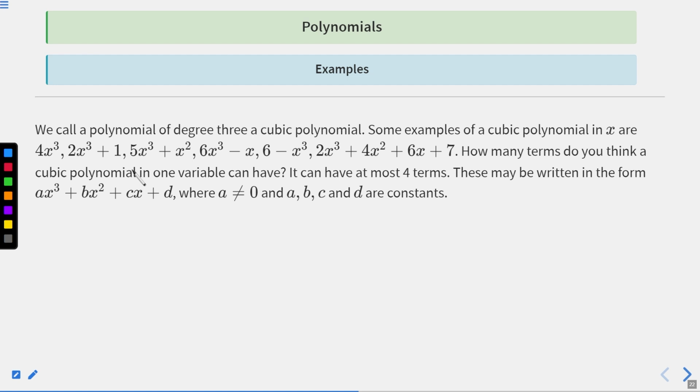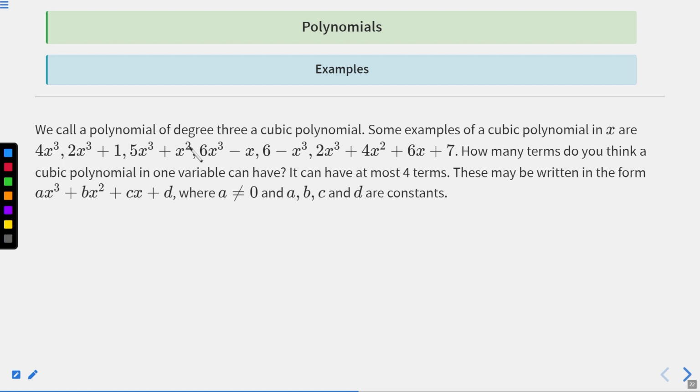Now we call a polynomial of degree 3 a cubic polynomial. Some examples of a cubic polynomial in x are 4x cube, 2x cube plus 1, 5x cube plus x square, 6x cube minus x, 6 minus x cube, and 2x cube plus 4x square plus 6x plus 7.